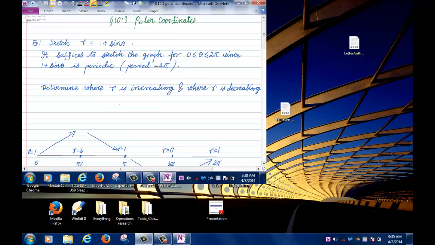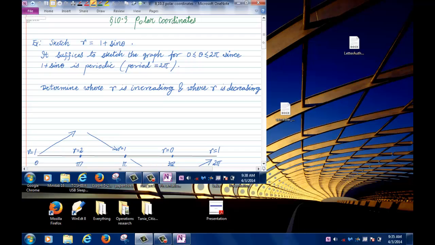So let's say we want to determine then where is r increasing and decreasing, right? That's what we wanted to do. Because usually, if you want to know where a function is increasing and decreasing, what do you have to do?